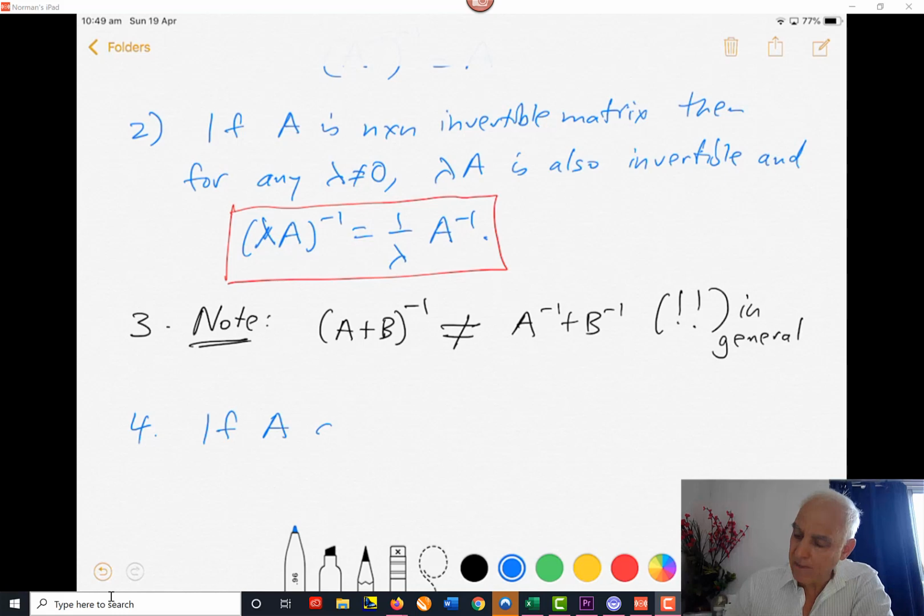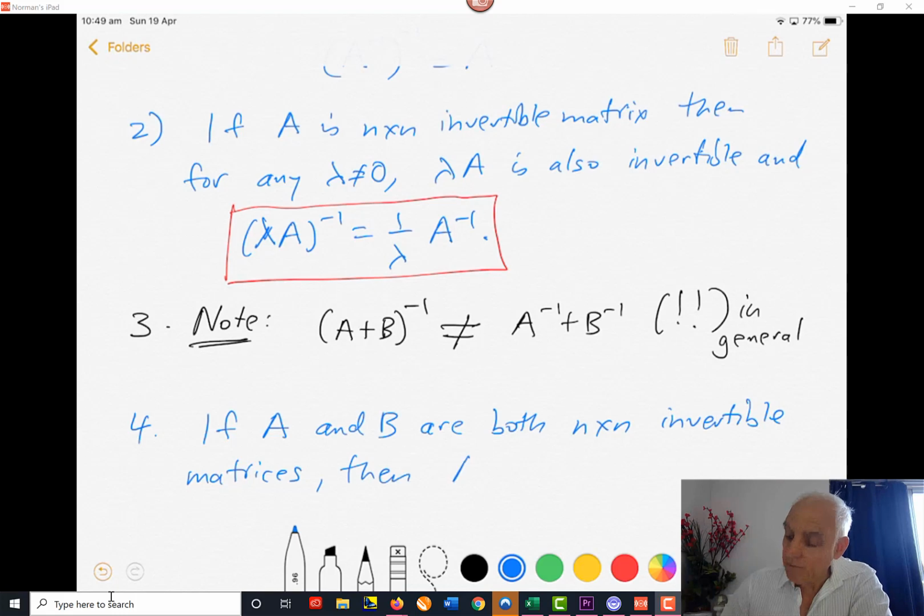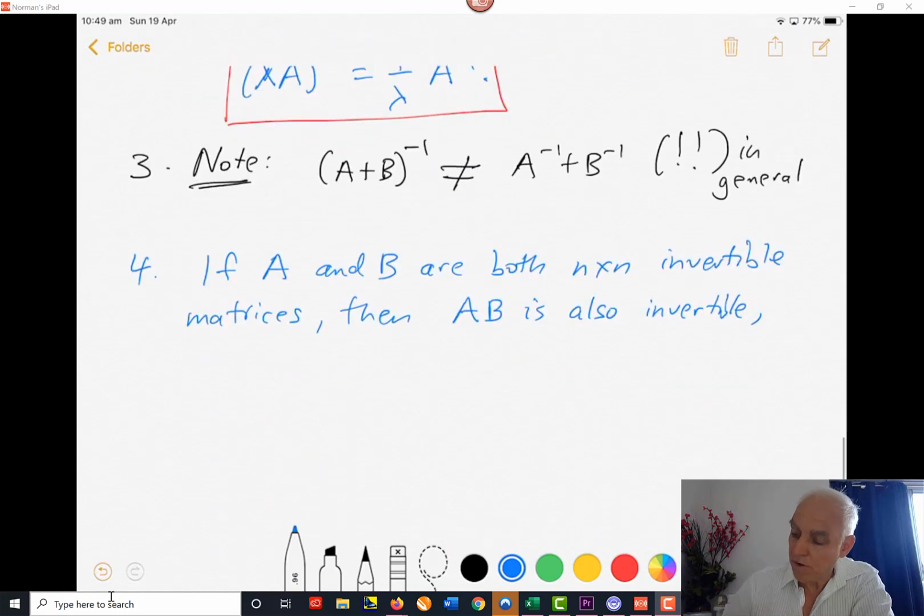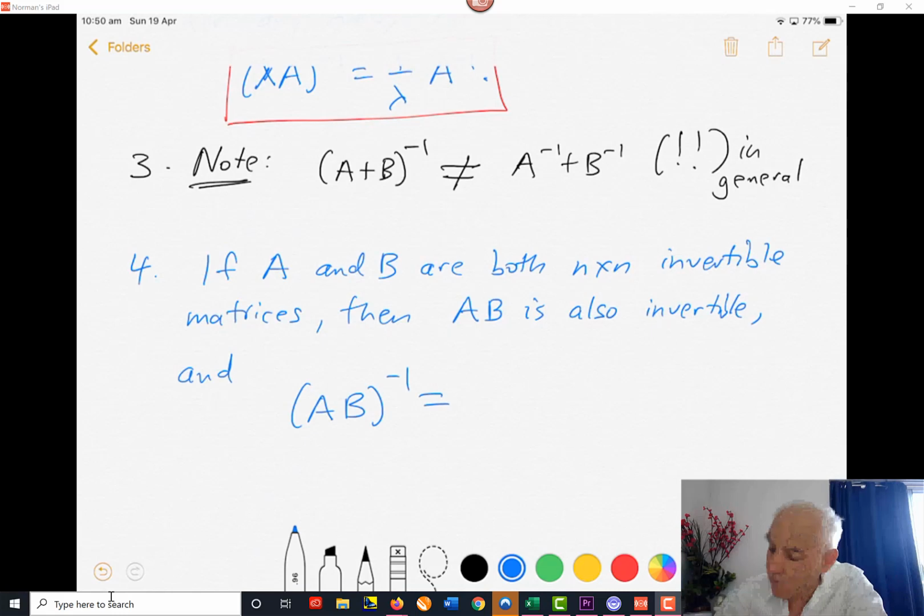If A and B are both n by n invertible matrices, so they each have an inverse, then A times B is also invertible. And we can give a formula for its inverse. The inverse of A times B is the inverse of B times the inverse of A.